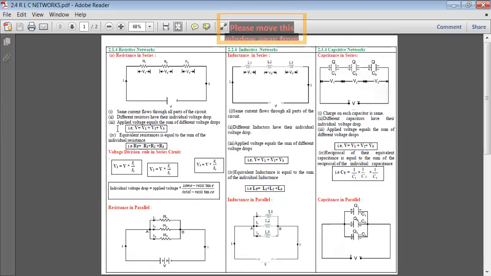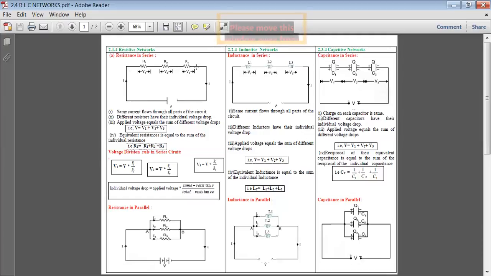Now come to point 2. Different resistors have their individual voltage drop. From Ohm's law, the voltage across R1 is I into R1, V1. This gives the individual voltage drop. From Ohm's law, whenever current flows through R2, I into R2 gives V2. Now come to V3.